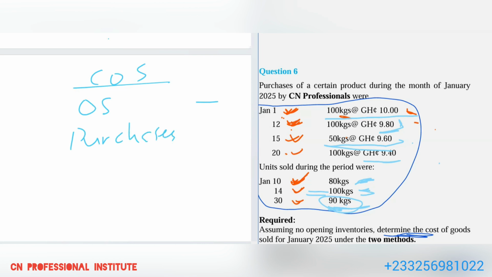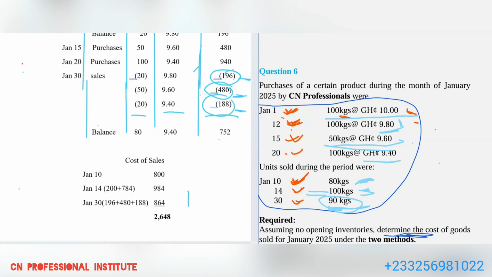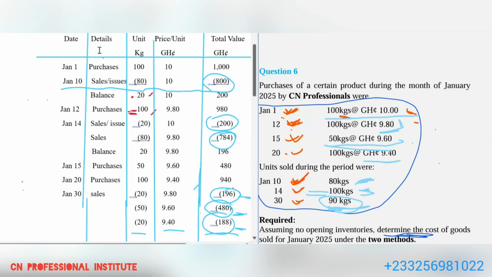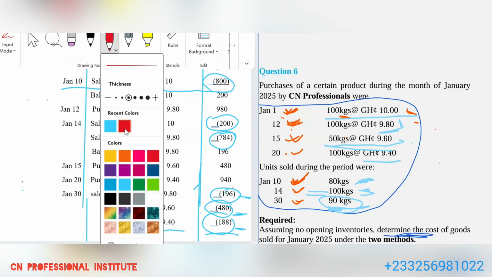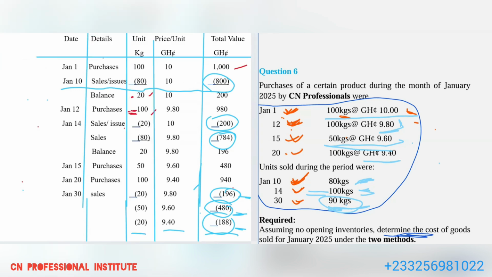Now, if you go back to the question, how many purchases do you have in the question? We have so many purchases. We have here 1,000, then we have 980, then 480, another purchase here, and 940. So these four figures, you sum them up, and that will give you your purchases.